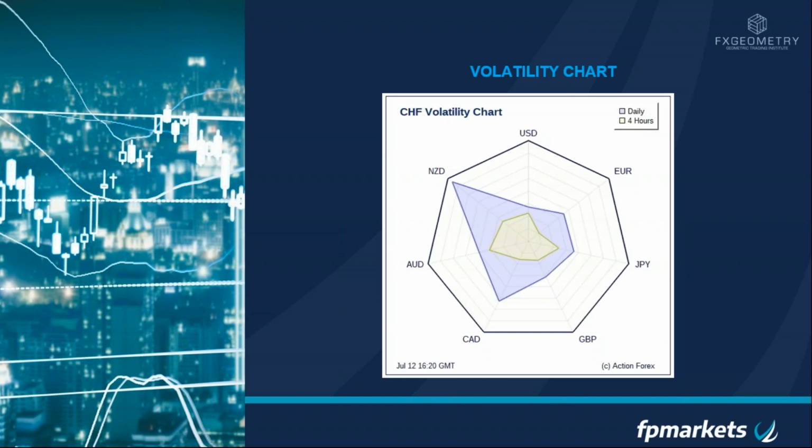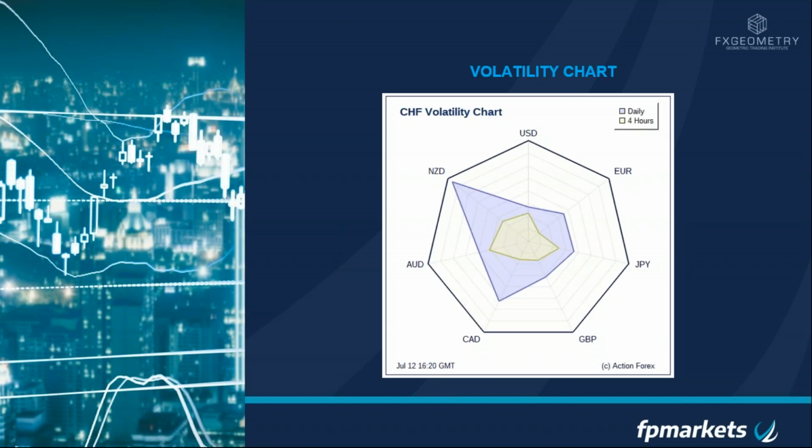So in this case, you've just got a very simple combination of daily and 4-hour volatility charts pointing right at the edge. The closer that shaded area is to the currency, the more volatility it shows. So CHF is seen to be highest in volatility if paired with the NZD.